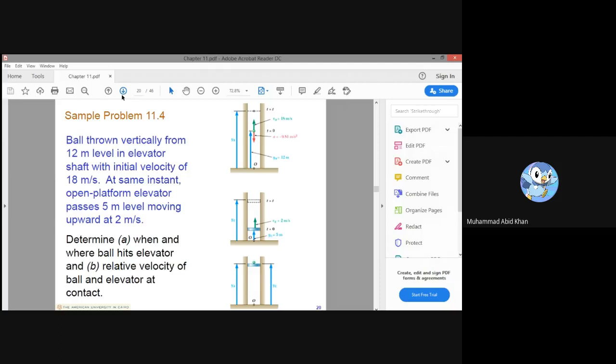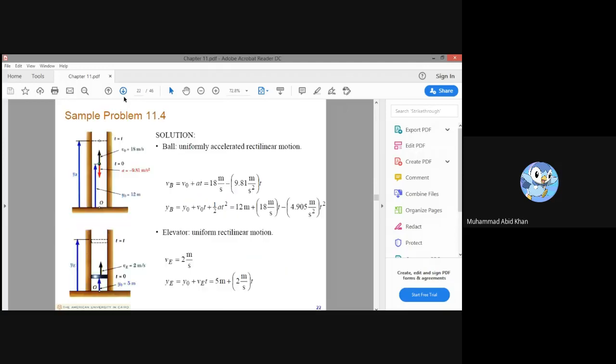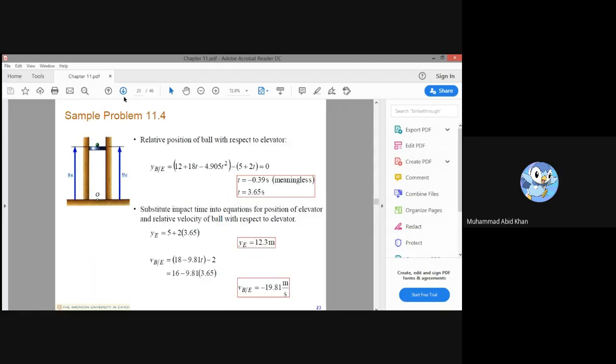Sample problem 11.4: the example is given here, very simple like the previous one. You can see it and you will find it. The solution as well is attached in very simple ways.